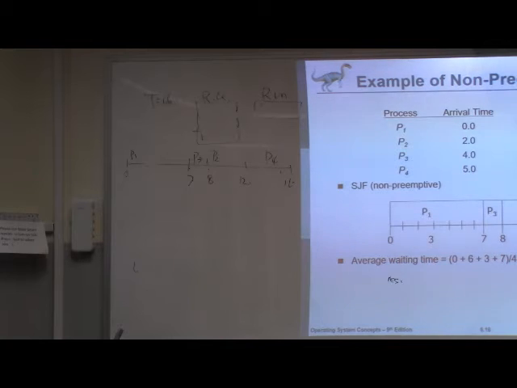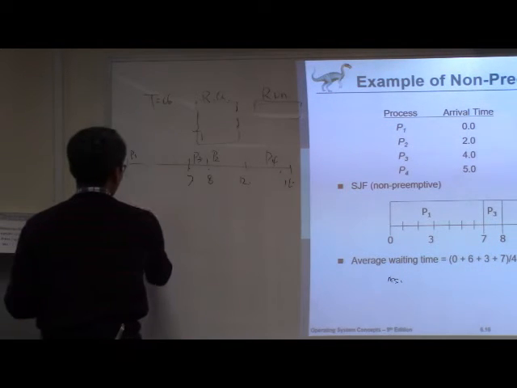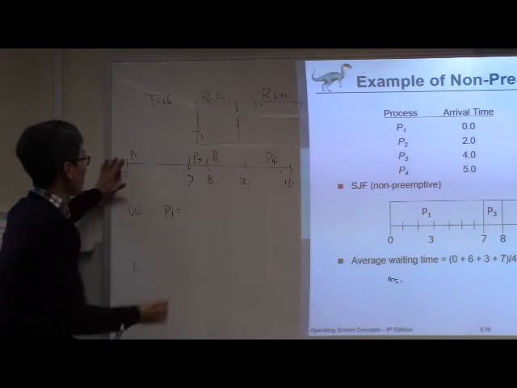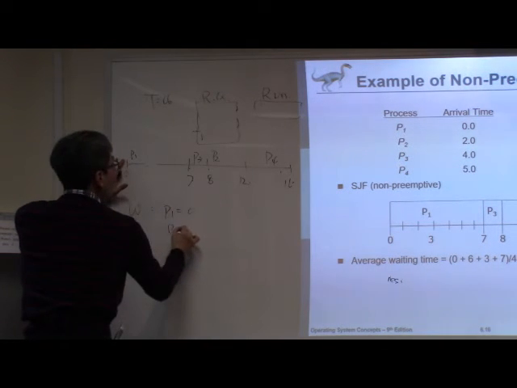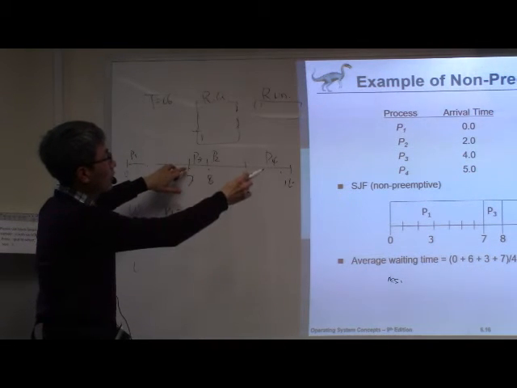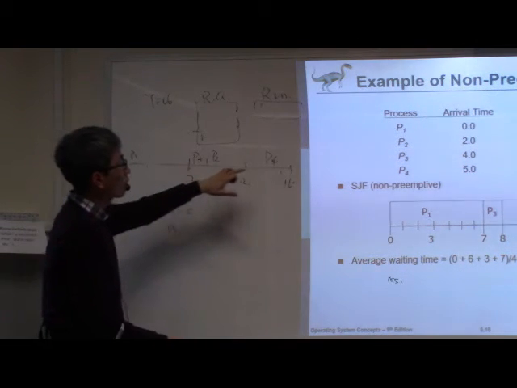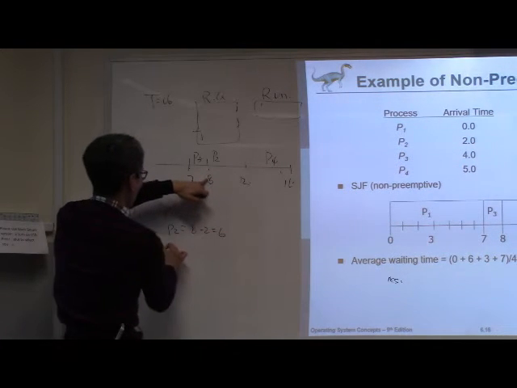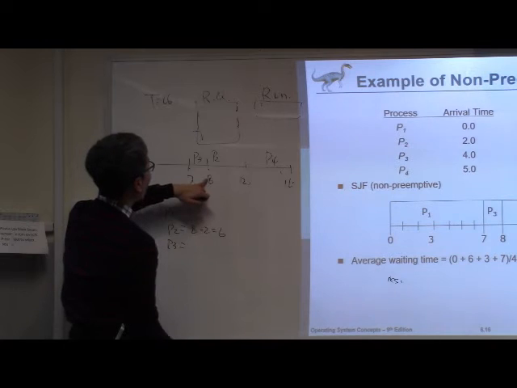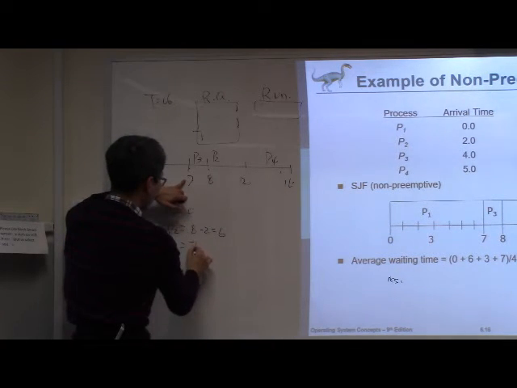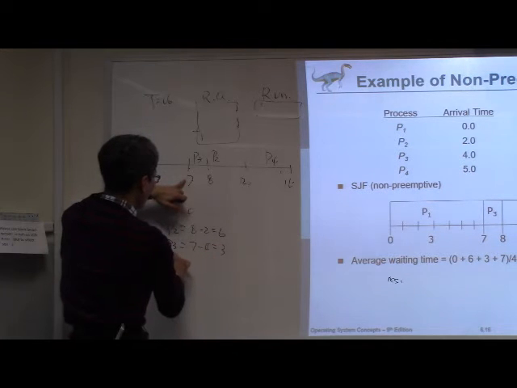So let's calculate the average waiting time. The waiting time of P1 is 0. P2 arrived at time 2 and started at 8, so 8 minus 2 is 6. P3 arrived at 4 and started at 7, so 3.